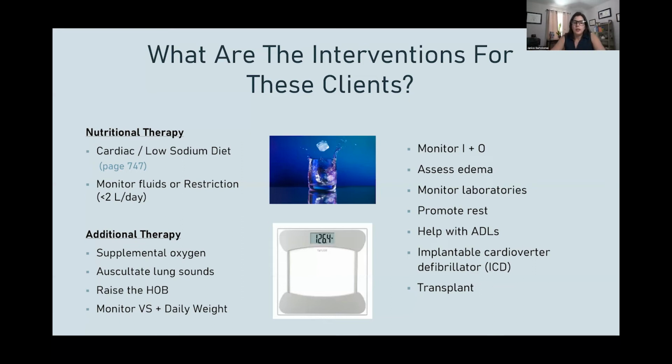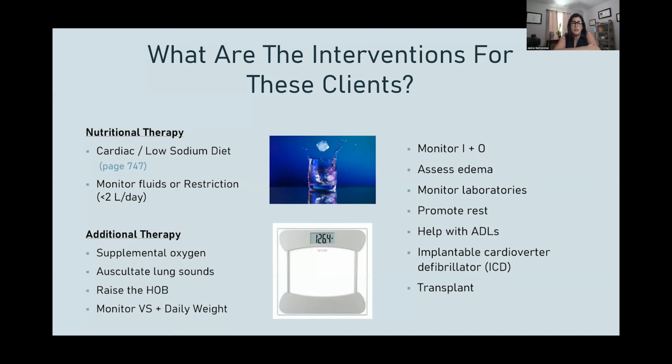The fluid restriction or monitoring the fluid, you want to make sure it's less than 2 liters a day. These are the clients that we don't want to overhydrate. We want them to have a little fluid so they don't become dehydrated, but still, not that much. Also, because they could have pulmonary issues where the lungs are filled with fluid, you want to supplement any oxygen.